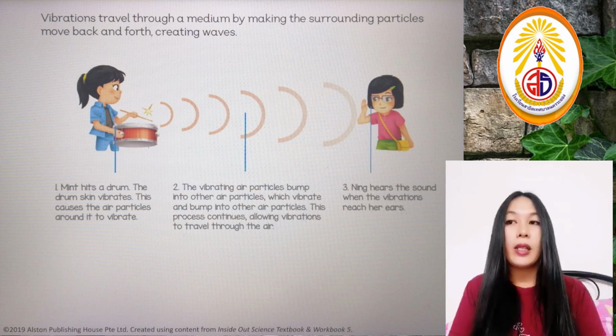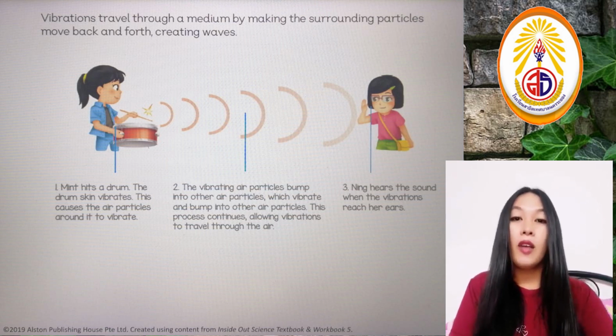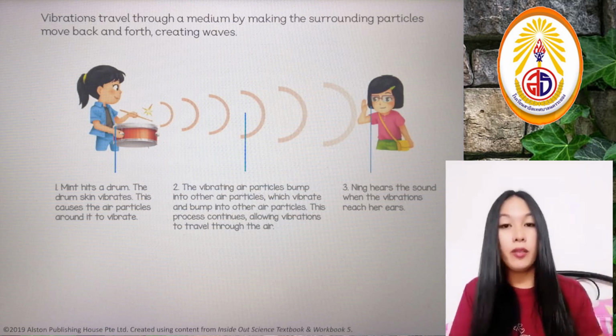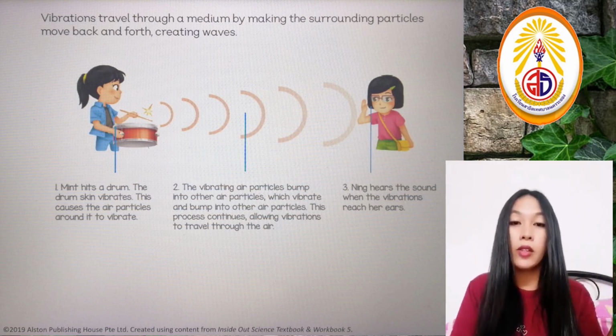As the sound travels, the energy is actually gradually lost. That is why you can hear a softer sound when you are farther from the source of the sound than when you are near. When you are near the sound, it is louder, and you are going to hear a softer sound or a more quiet sound when you go farther from the source of the sound.